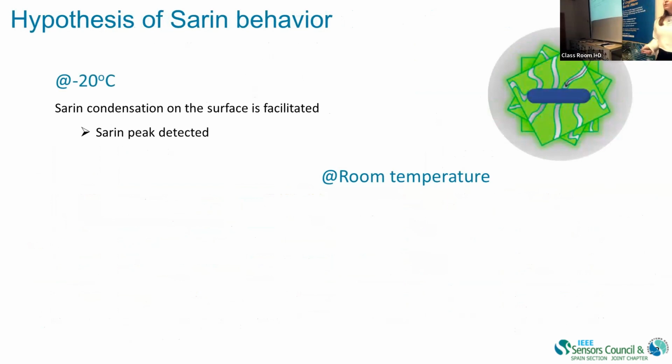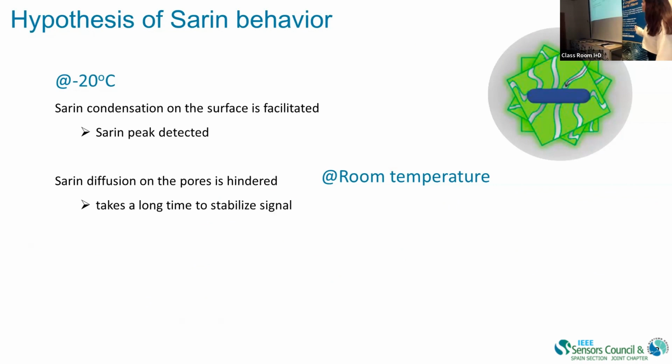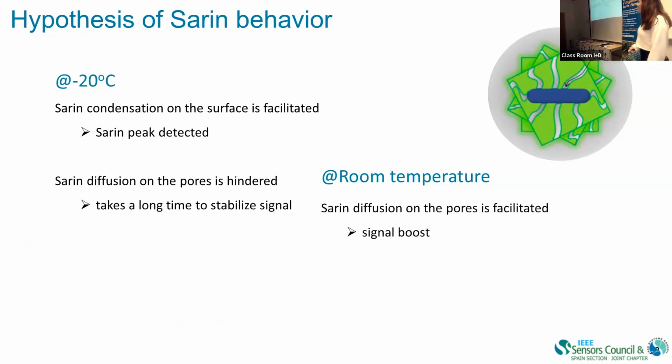However, at minus 20 degrees, the movement of the SERSing throughout the pores to reach the plasmonic nanoparticles that are responsible for enhancing the signal is hindered. So that's why in the other substrate, it might not have been possible to detect anything even at minus 20 degrees. And at room temperature, the boosting signal could be because by increasing the temperature, we have facilitated diffusion of the SERSing through the pores.